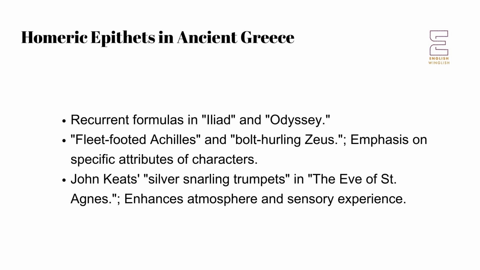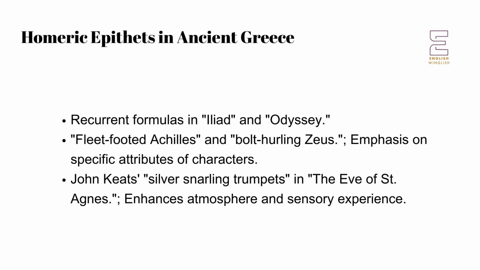For example, the fleet-footed Achilles and bolt-hurling Zeus are typical Homeric epithets that emphasize the swiftness and power of these characters. In contrast, modern literature employs epithets more creatively, often using irony or poetic devices to enhance the narrative.